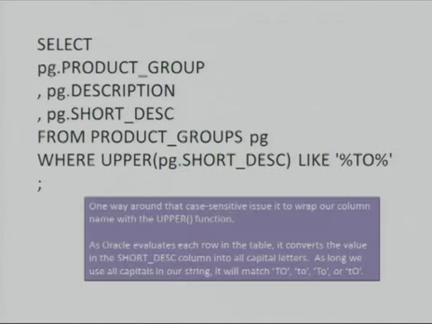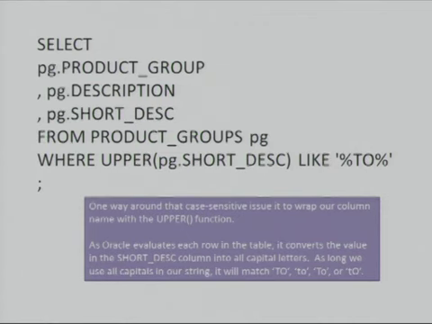But we can get around that by using either the upper function or the lower function. In this case, I use the upper function. With the upper function, you just type upper and then parentheses around whatever column you want to force into all uppercase. While the where clause is being evaluated, while Oracle's going line by line through your table asking whether the short description field matches this condition, before it tests whether it's like that string, it converts whatever's in that field to uppercase.